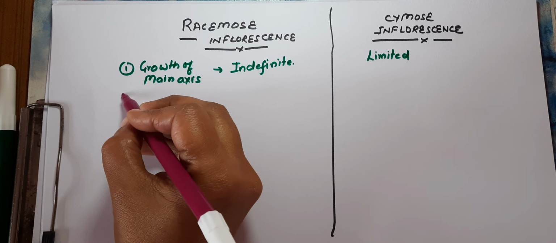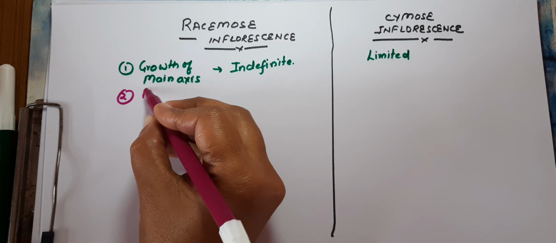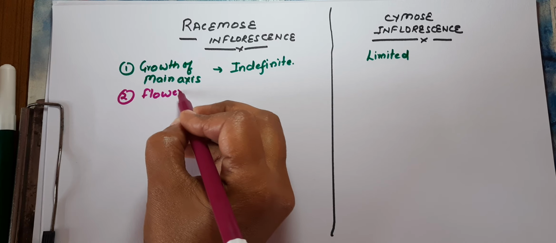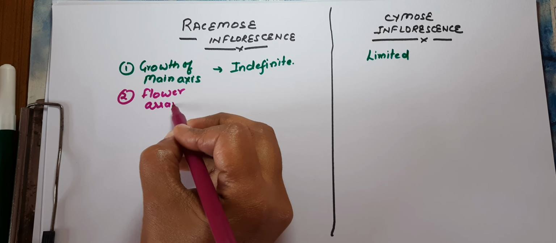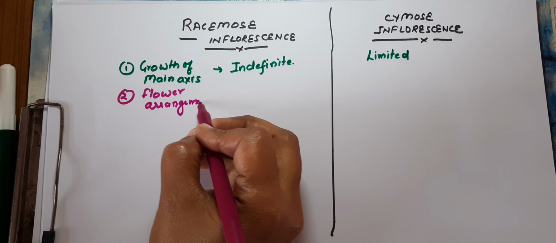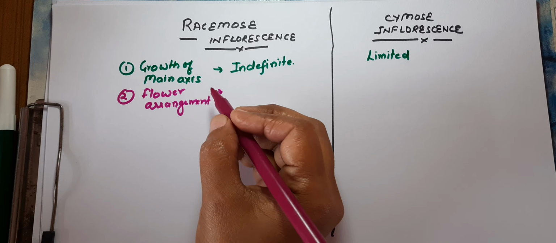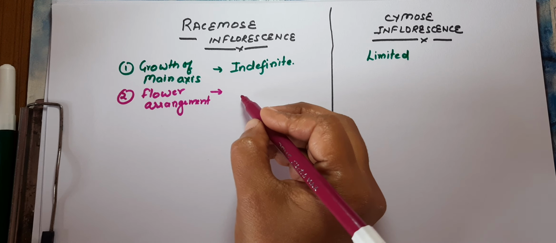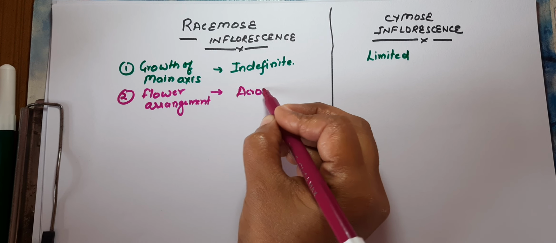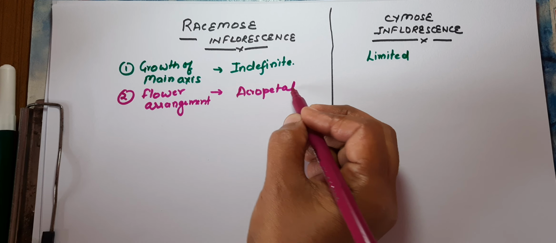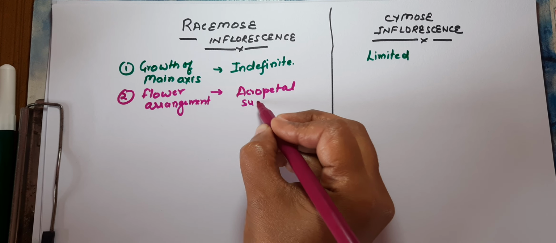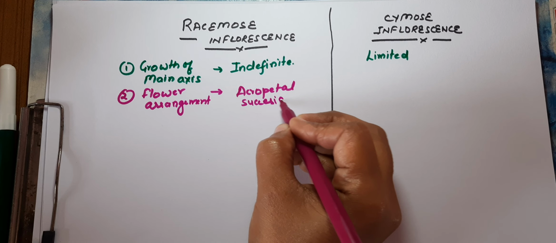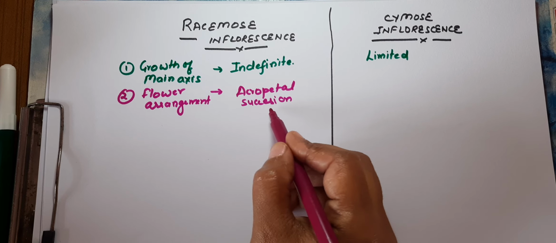The second difference is in terms of flower arrangement. In the Racemose inflorescence, the flowers are arranged in an acropetal succession. So what do you mean by the acropetal succession?